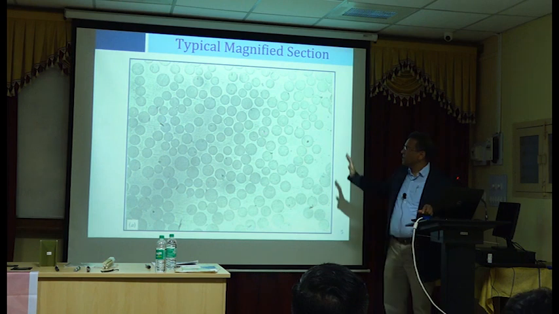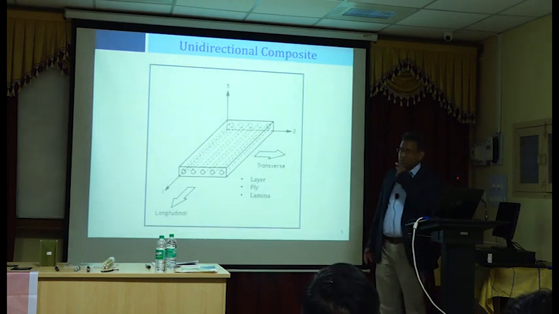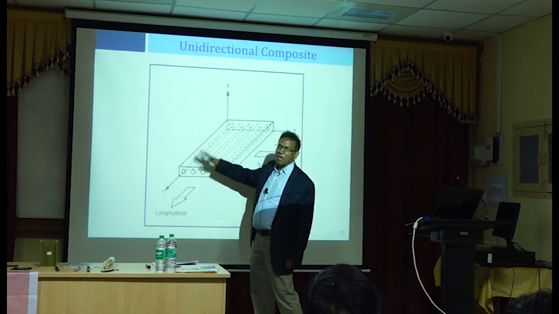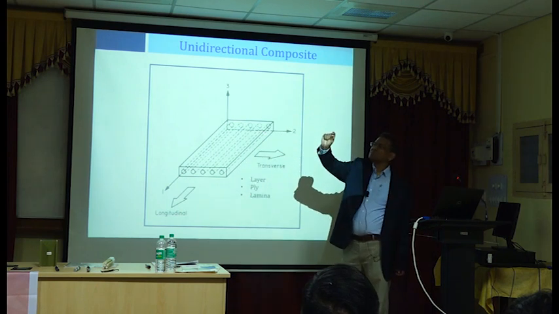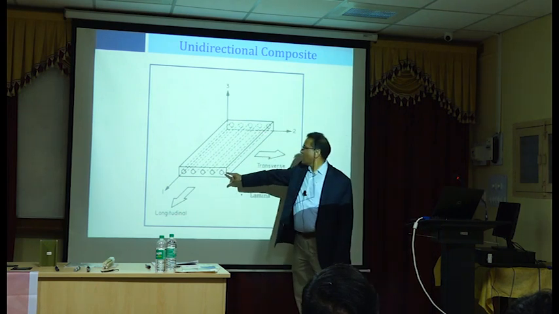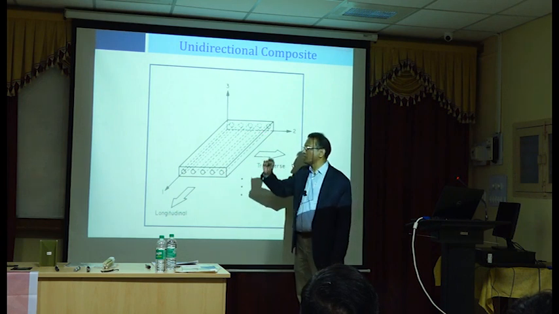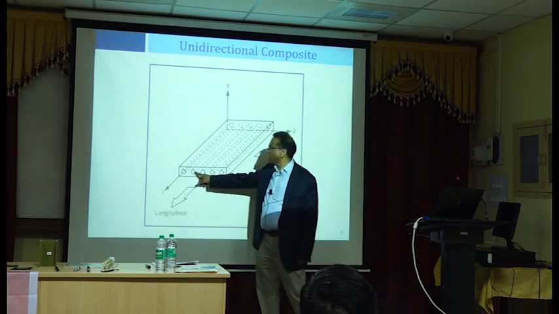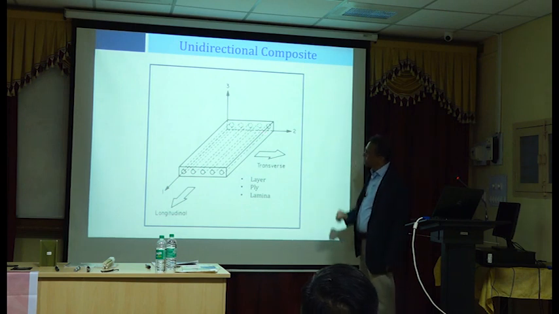So this is a typical cross section. How do I design for this? That's what we are going to learn now. So if this is a plate, an imaginary plate, it's not real because you cannot have a plate thickness which is accommodating just one fiber in each layer. That's impossible because it will be such a small layer. So if you imagine this plate to have one layer of fiber, the rest of it is matrix.